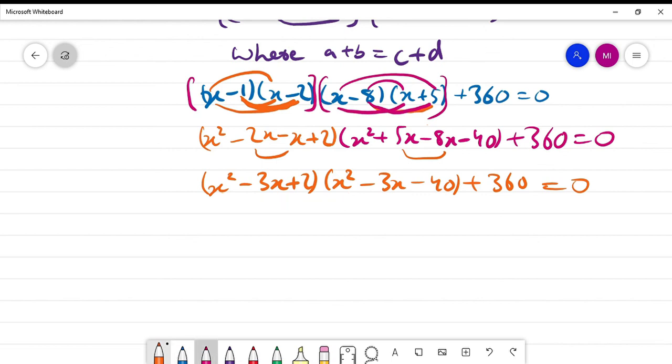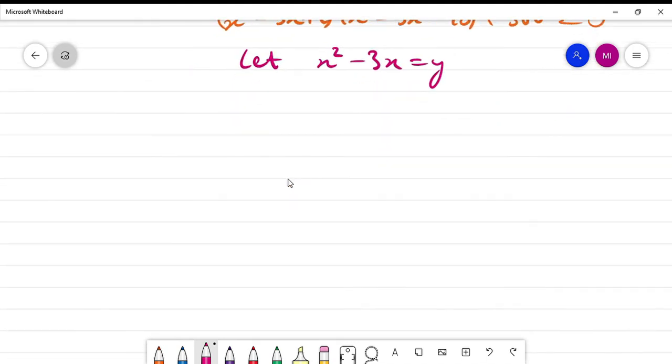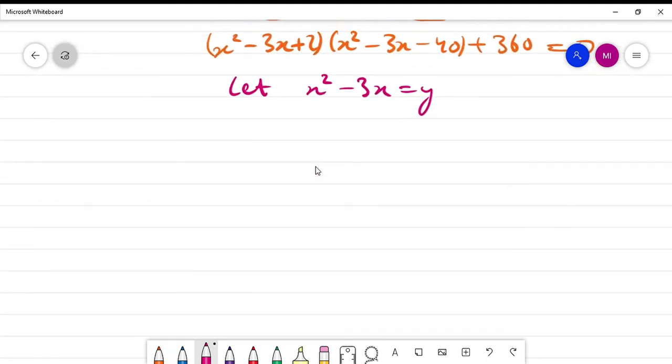So to avoid that, we're going to let x squared minus 3x equal y. And so we get y plus 2 into y minus 40 plus 360 is equal to 0.